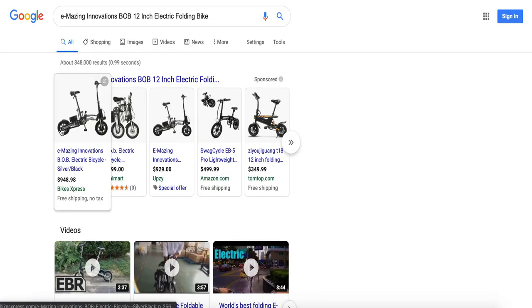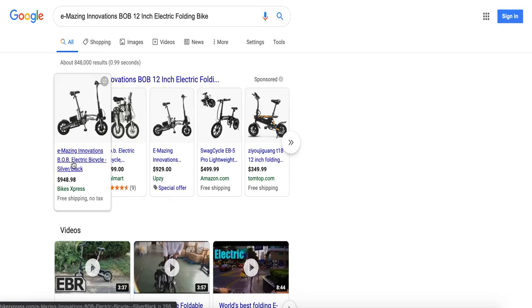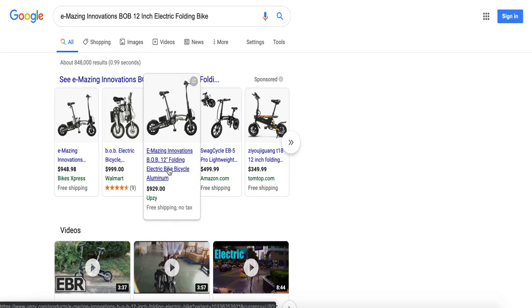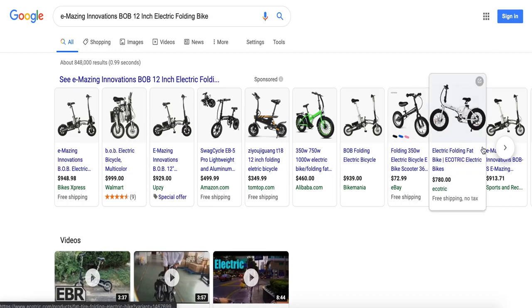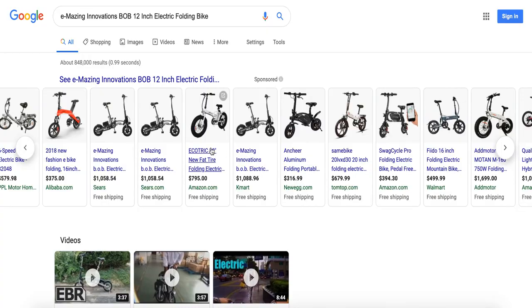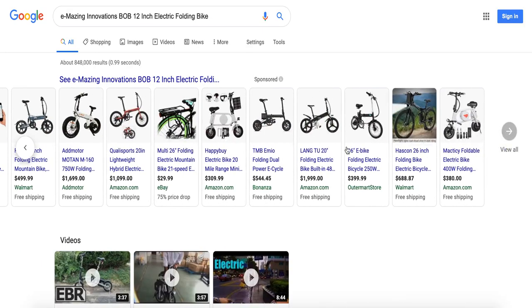So great. What we're looking for is to see if it's the same price across multiple suppliers. So this product on Bikes Express is $9.48. This is $9.29, $9.39, $10.58, $10.58, $10.88, and that's it.